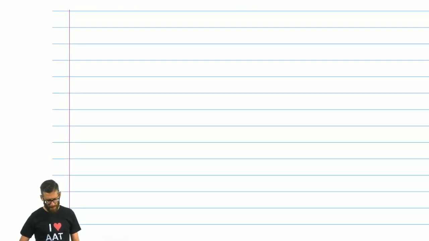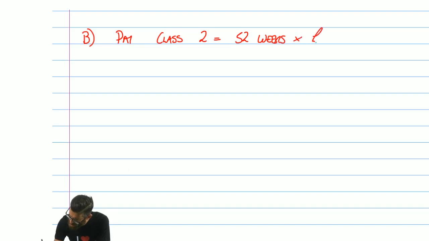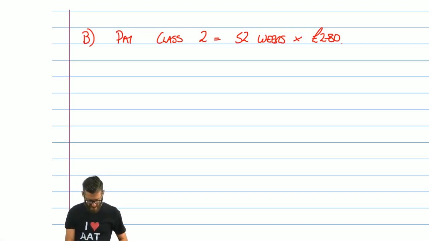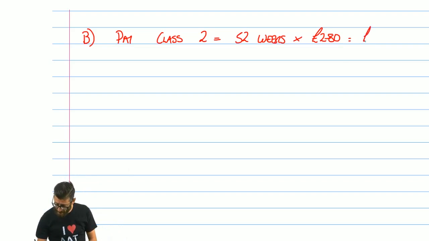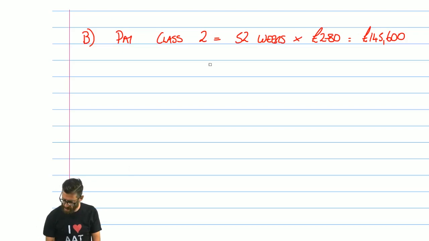So for part B, poor old Pat. Pat exceeded that limit, so Pat's class 2s will equal 52 weeks times 2.80. 52 times 2.8, I'm declaring 145 pounds 60p.